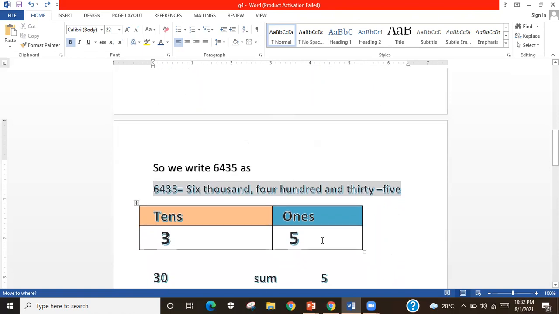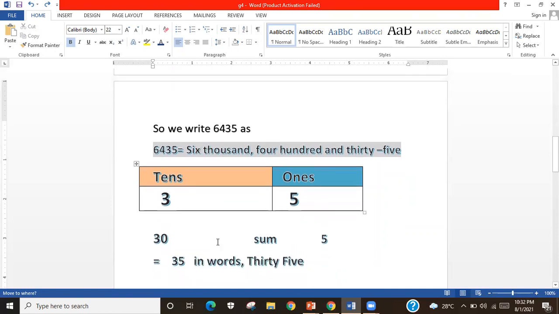Is it clear, class? Let me elaborate more to make it easier for you. If you have only two digits, 3 and 5, the last one, 5, means 5 ones.